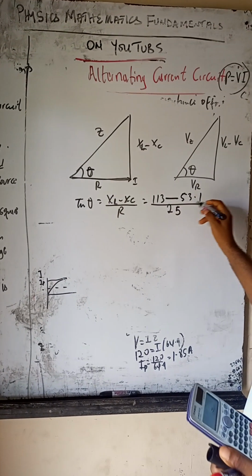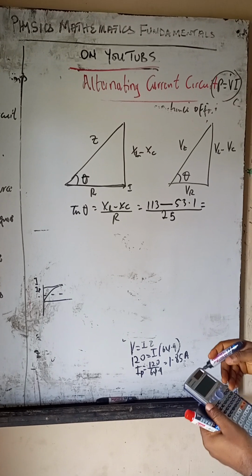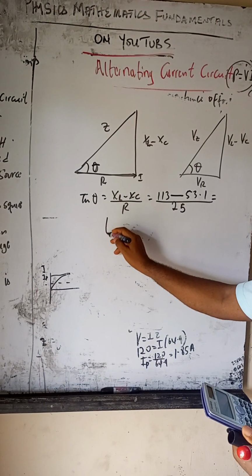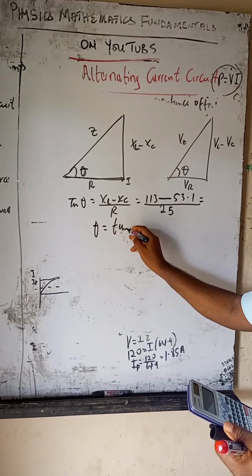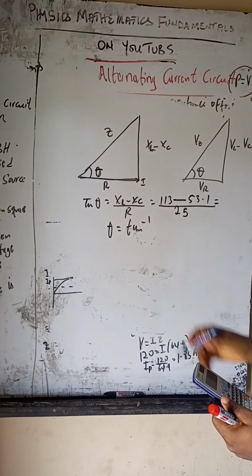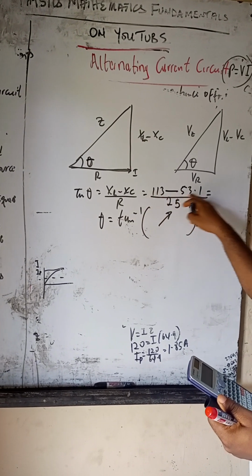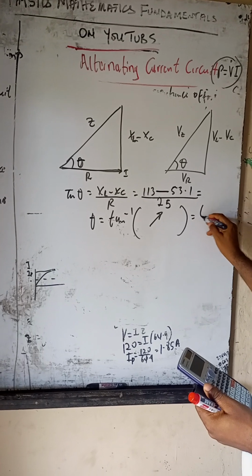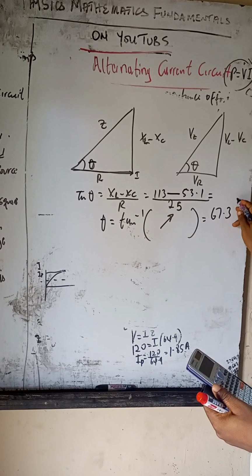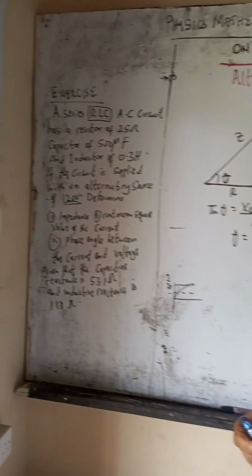So if we subtract, we take the inverse tan of the value that we have here, and the answer is 67.3 degrees. So that's the phase angle.